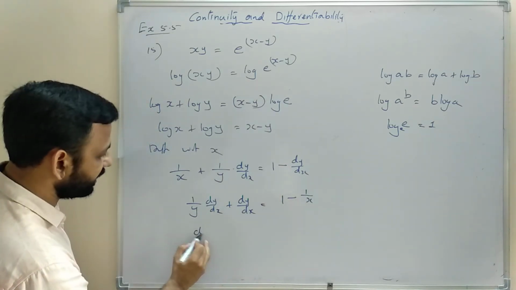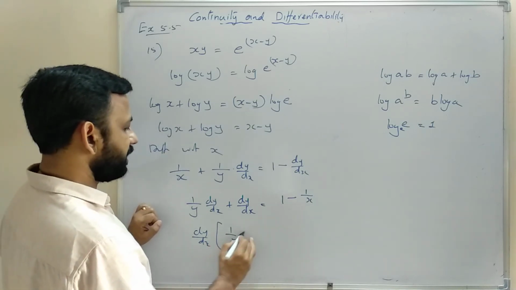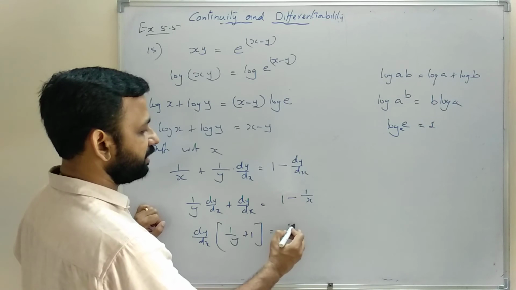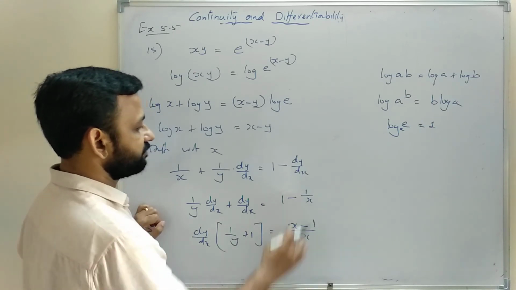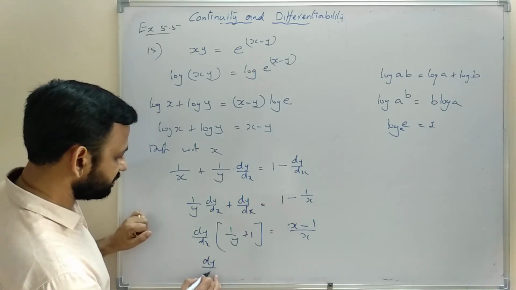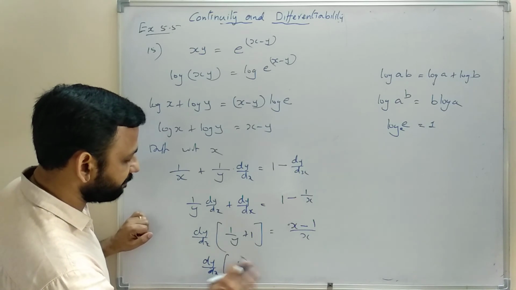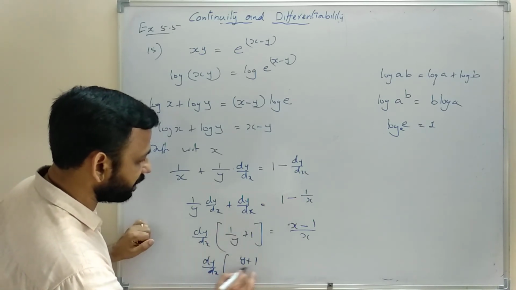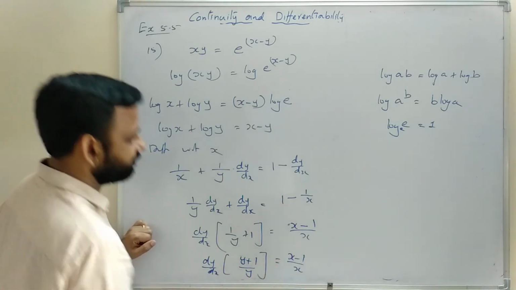Now we will take dy by dx common: 1 upon y plus 1 equal to 1 minus 1 upon x, taking LCM, x minus 1 upon x. And here dy by dx into, taking LCM, 1 plus y upon y, that is y plus 1 upon y, equal to x minus 1 upon x.